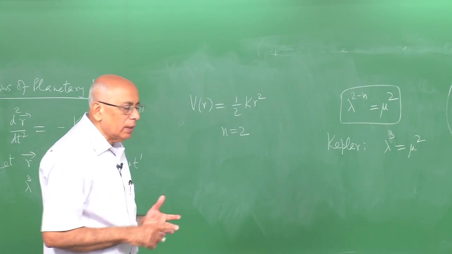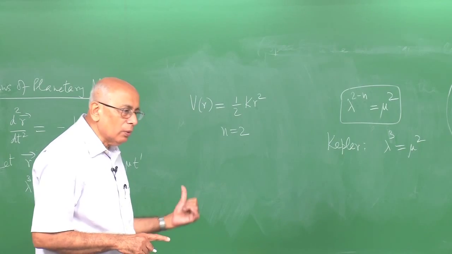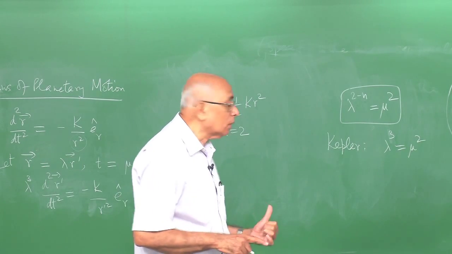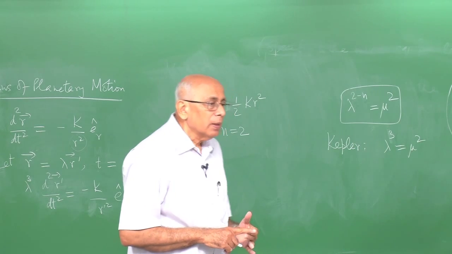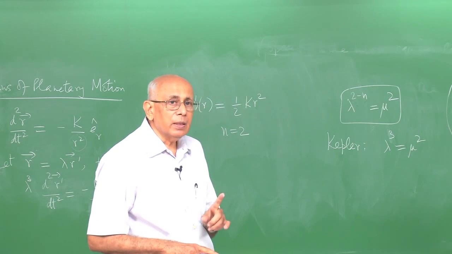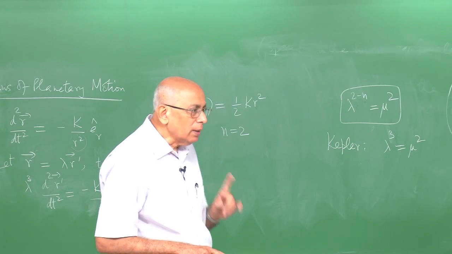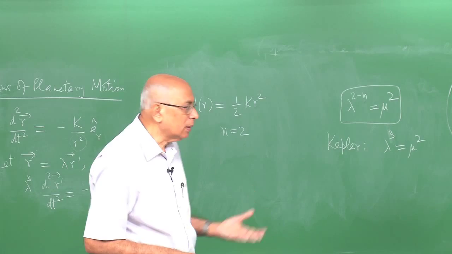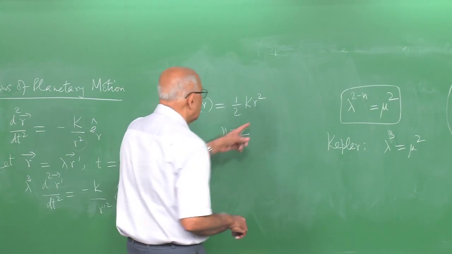Let me mention finally that Kepler's first law, which I said was specific to the 1 over r squared potential, the elliptic orbit part of it is not unique. There is one other central potential for which the orbits are ellipses, the bound orbits are ellipses, and that's this potential.